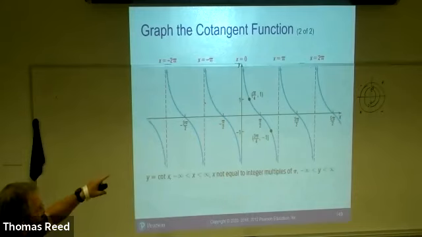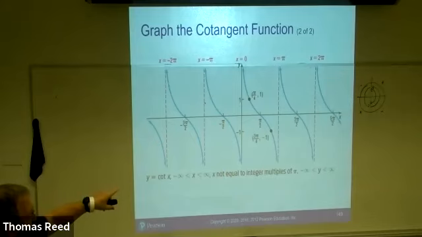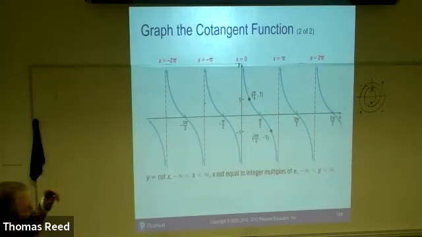The range doesn't exist at multiples of pi. And the vertical asymptotes occur at the multiples of pi.